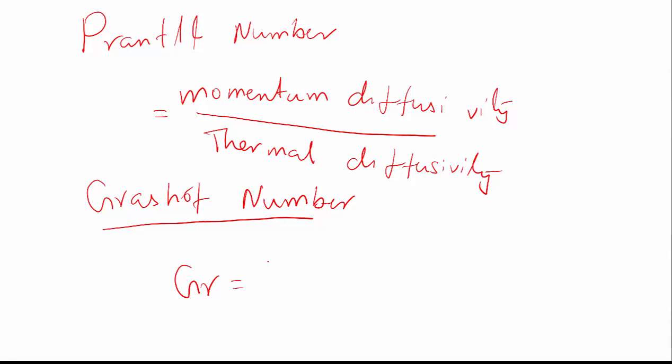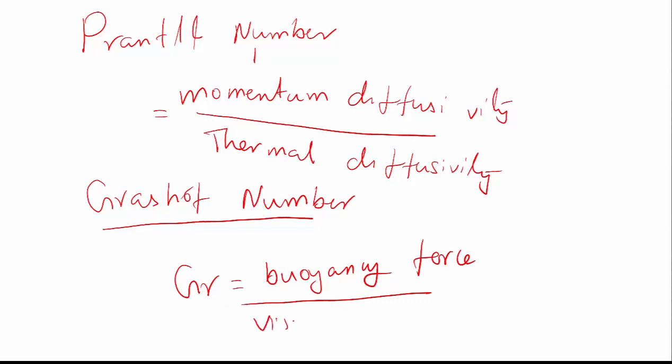Therefore the Grashof number is the ratio between buoyancy force by viscous force. Okay, this is another dimensionless number related to natural convection.